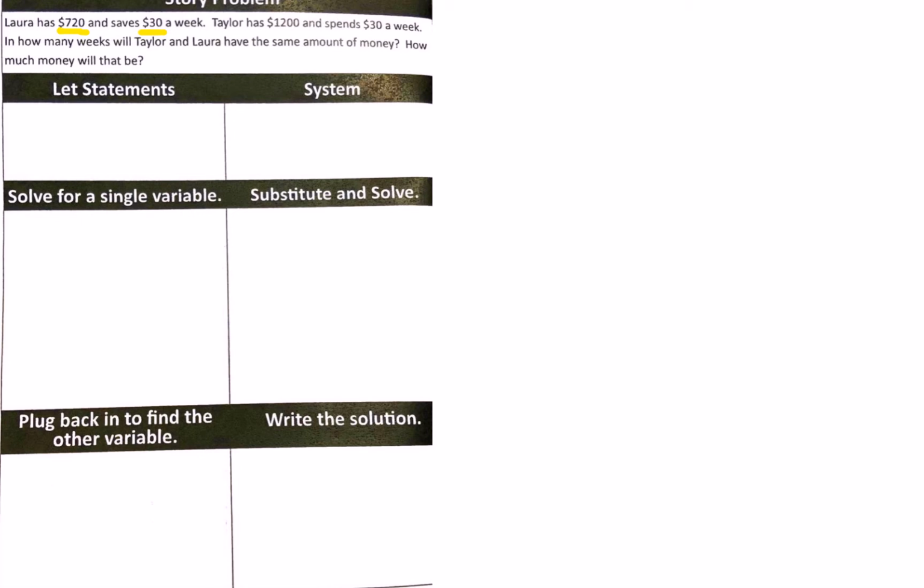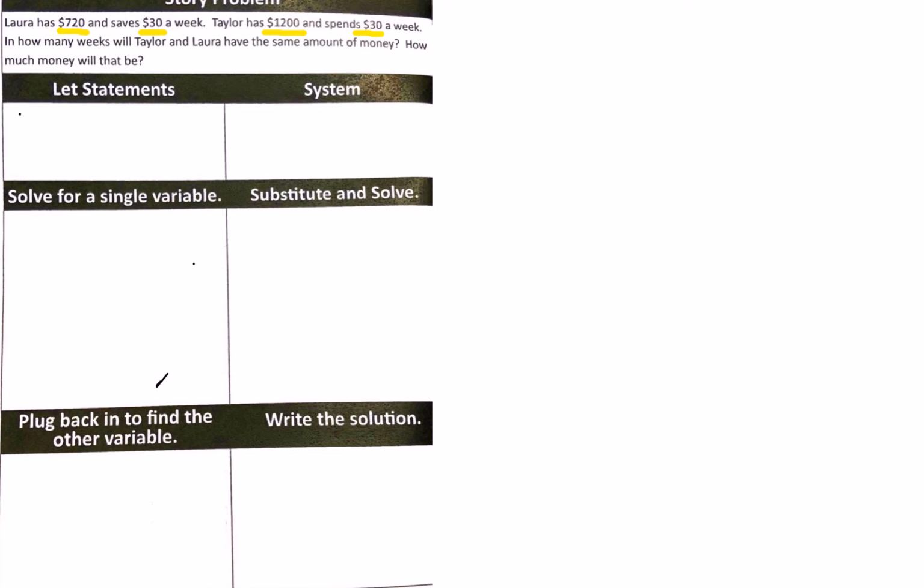Now Taylor has $1,200 and he spends $30. So his starting point is $1,200 and his rate of change is $30, and it's going to be negative because he is spending the money. Now let's just give names to the variables.